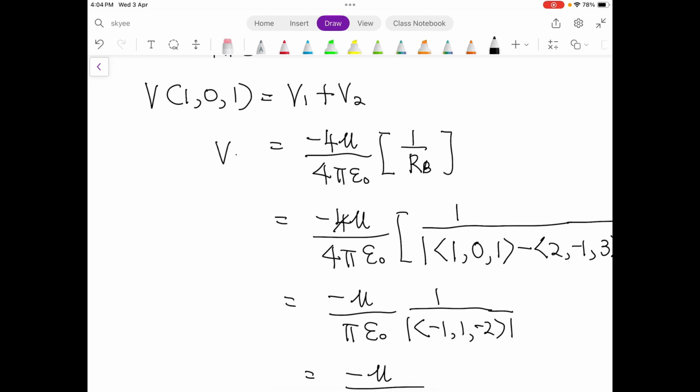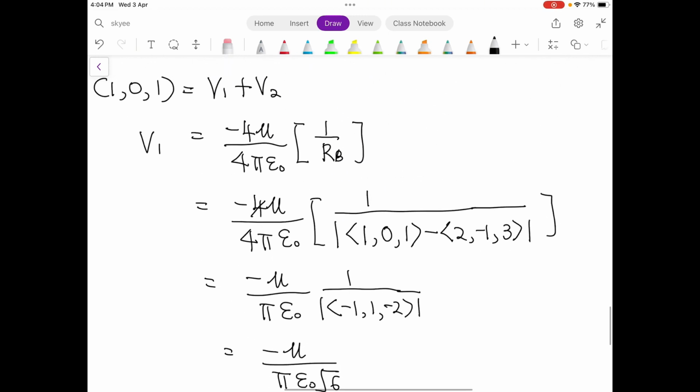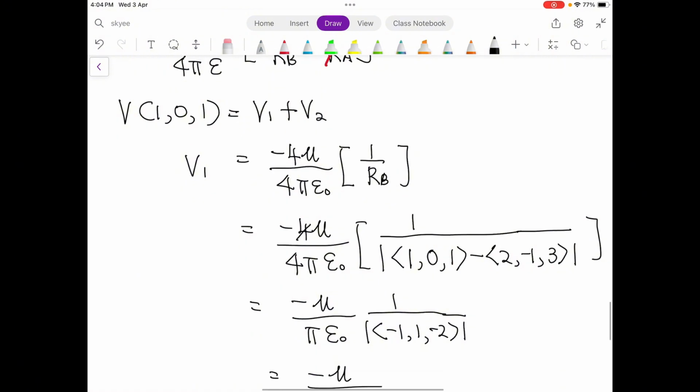This is the V1. So this one would be negative 14.68 kilovolt. Okay, so this is the V1.